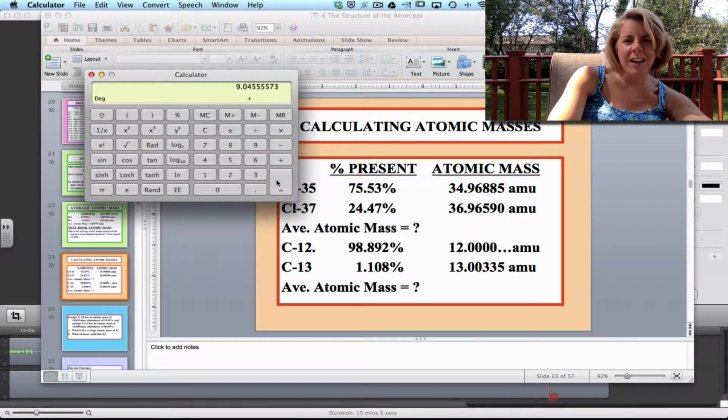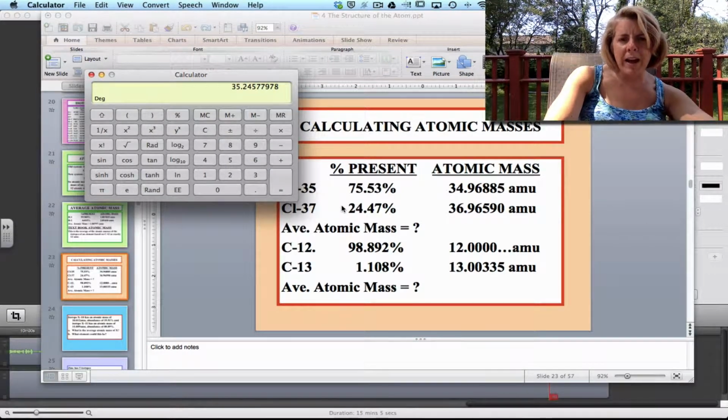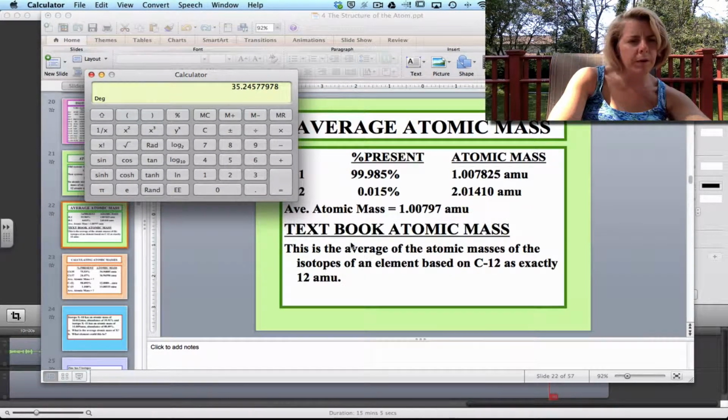Okay, and then when I add them together, my average atomic mass is 35.24. I would just go 4 places. Okay, so 35.24.